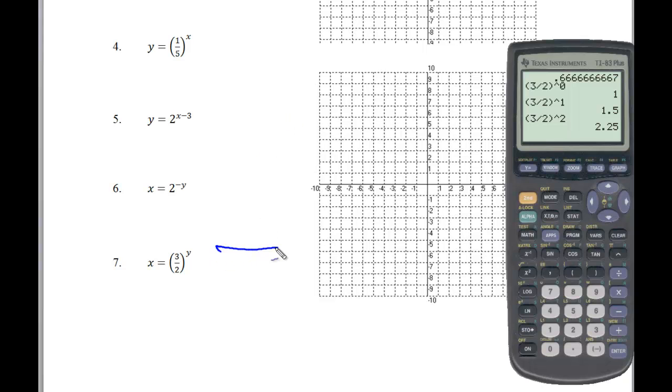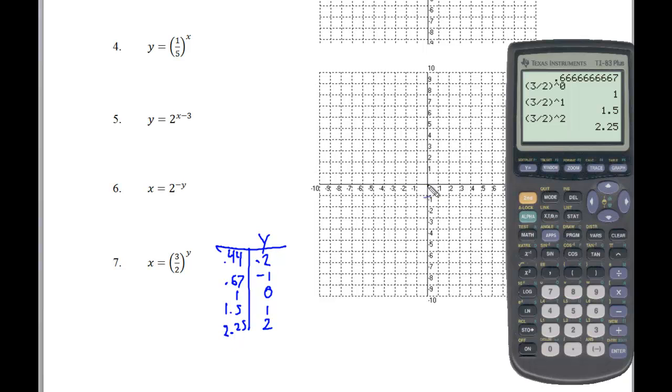So again, what we did is we took our y values, negative 2, negative 1, 0, 1, and 2, and plugged them into our x's. So this gives me 0.44, this gives me 0.67, this is 1, anything to the 0 power is 1, and then what we have is 1.5 and 2.25. So let's see how this works here.